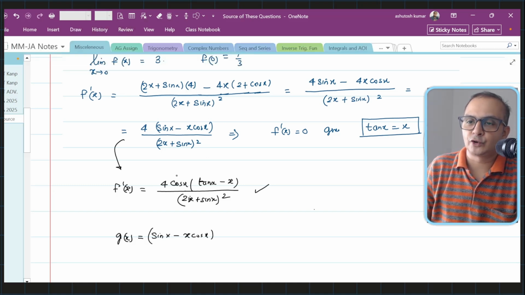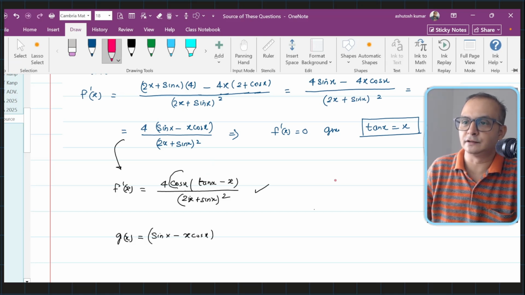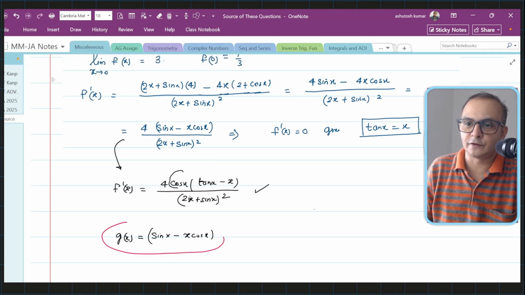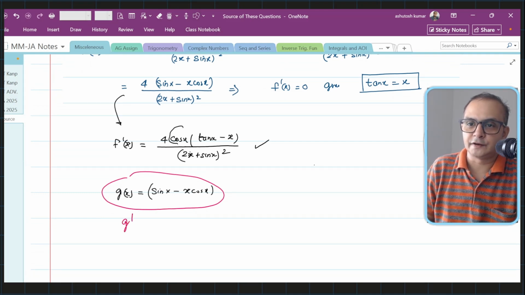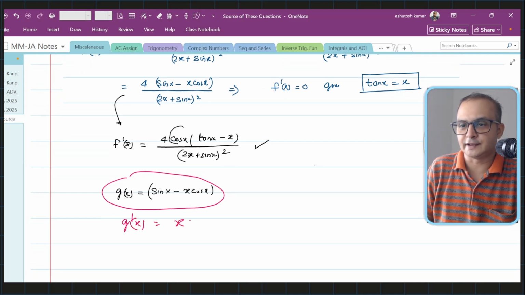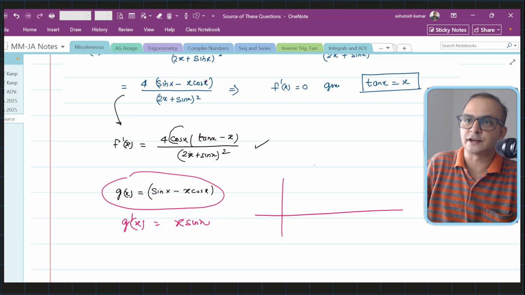Yes, we are drawing the graph of cos x, meaning we are analyzing the graph of tan x, x and cos x together. We can also draw the graph of this, and let me show you quickly how. If we differentiate, we get x sin x, and by using these two things we can simply draw the graph, because at 0 the value of the function is 0, so it will start from here, and the g dash x is also 0, so it will start from here.